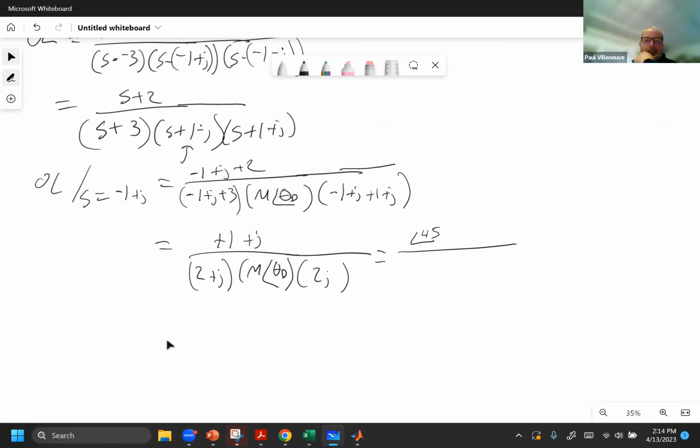Not hard. If you get stuck, we have 2, and we go up 1j, right? So what is the angle associated with that? What does Sakatoa say?